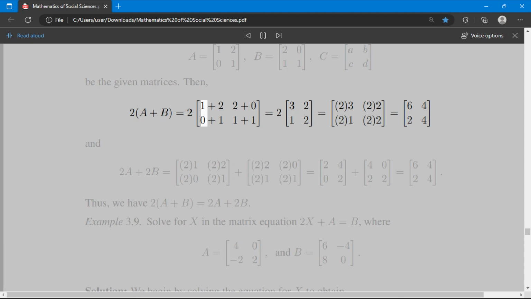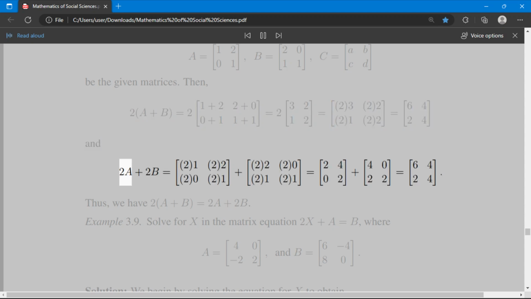Then 2(A plus B) equals 2 times [3 2; 1 2] equals [6 4; 2 4].